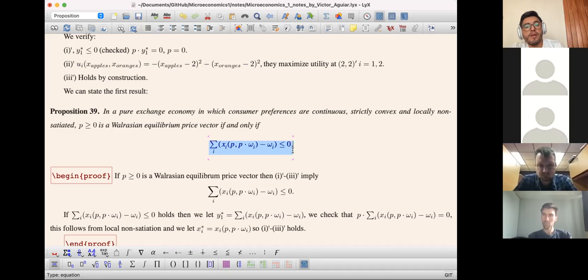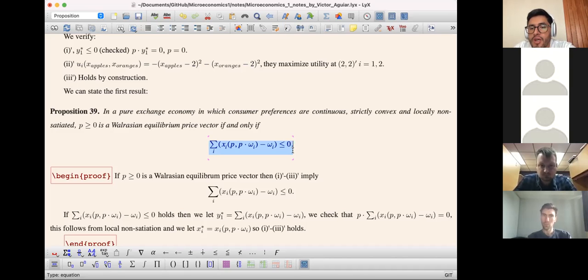Now, the other side is the difficult one. So if you have that excess demand is less than or equal to 0, then you define y1 star, which is the optimal production plan of the only firm, the garbage can. This is equal to anything that was not consumed. So this is the summation of the xi demands minus whatever exists in the economy.